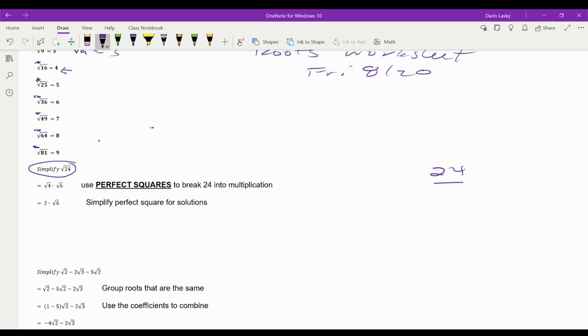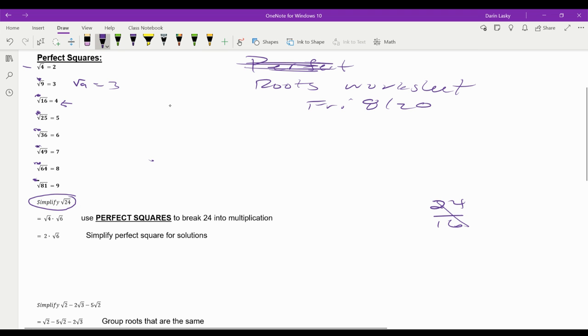Does 16 divide into 24? No, it does not. Then I go to my next available perfect square, which is 9. 24 divided by 9, that doesn't work for me. Then I go to my last one, which is the square root of 4.